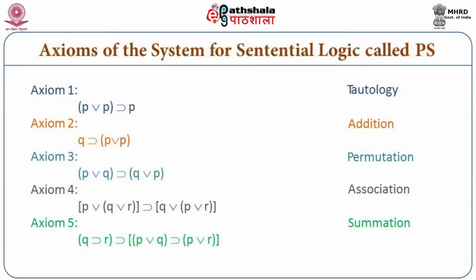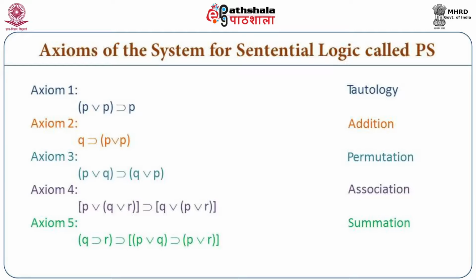Axiom 1: P or P implies P. This axiom is called tautology. Axiom number 2: Q implies P or Q. This axiom has been named addition. Axiom number 3: P or Q together implies Q or P, named permutation.